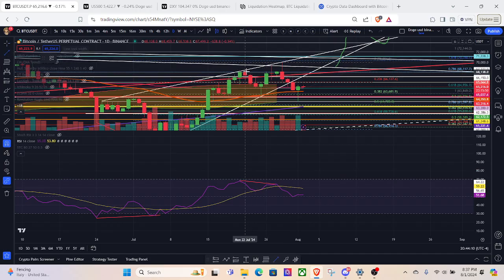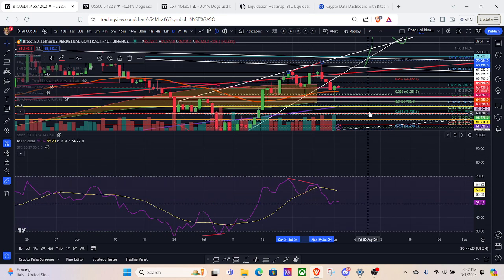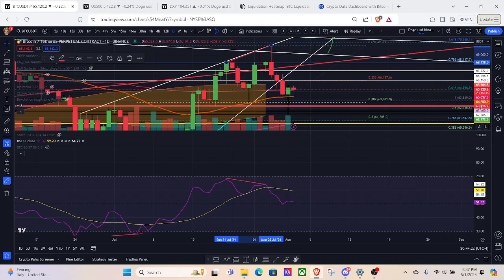So you do have here a higher high in price and a lower high in the RSI. So that's bearish divergence that has now emerged on the daily, which was another reason for why I thought that it was more probable that Bitcoin was going to go down.